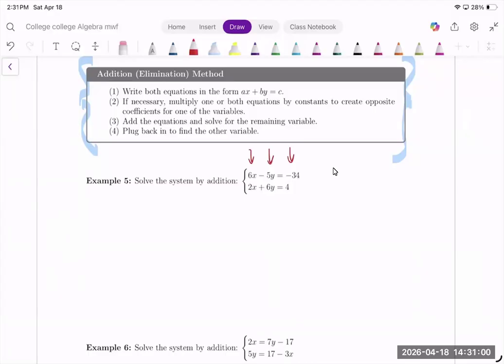So kind of similar to the end of substitution, but a little bit different as well. When you're adding or eliminating, you look at the equations and say, okay, my goal is to add down so that one variable zeroes out.